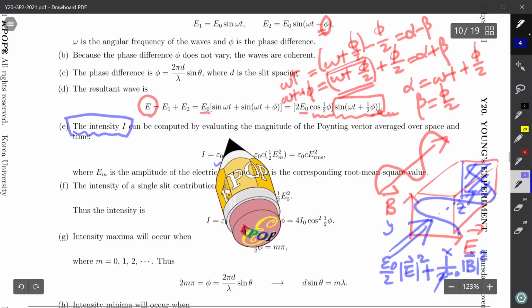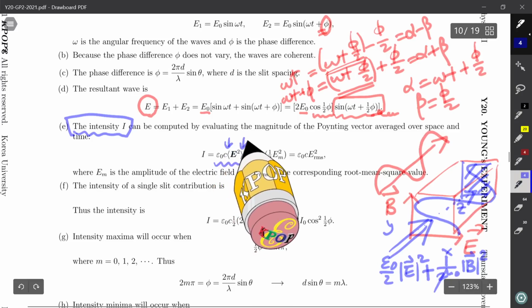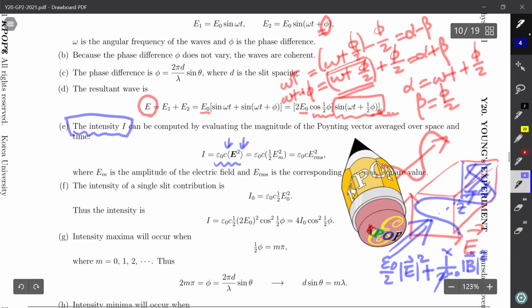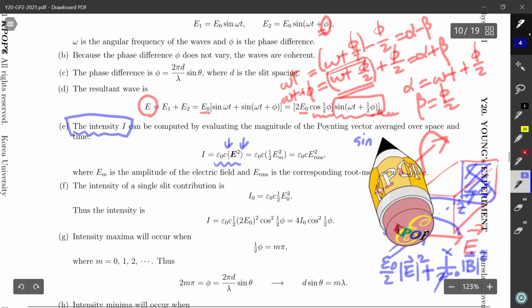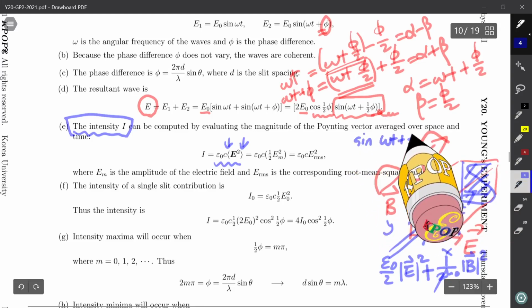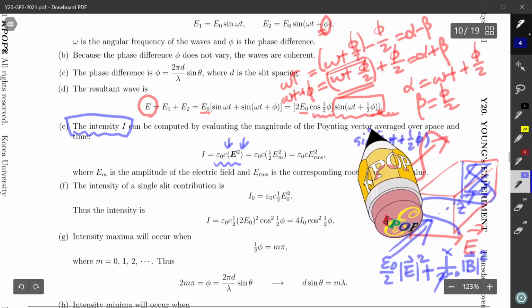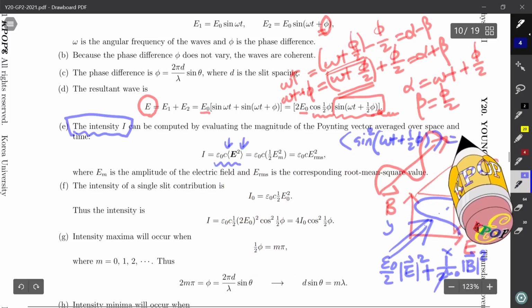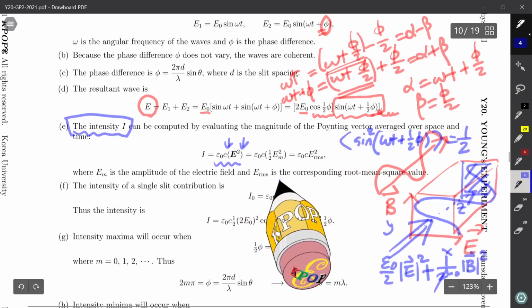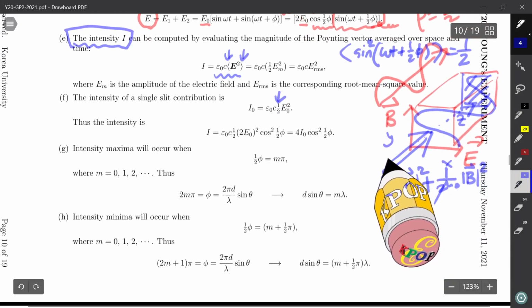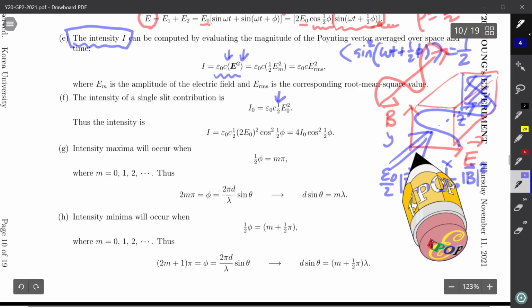Here we have to average over time, and this one is a sine omega t plus 1/2 of phi. This is E squared, so the sine squared average is 1/2. That produces this factor 1/2, which results in the RMS value at the amplitude level of 1/√2.